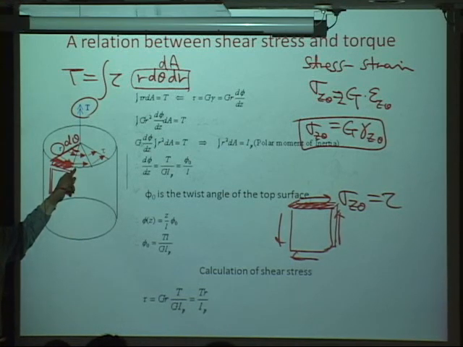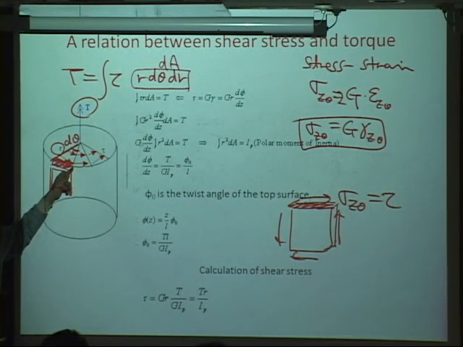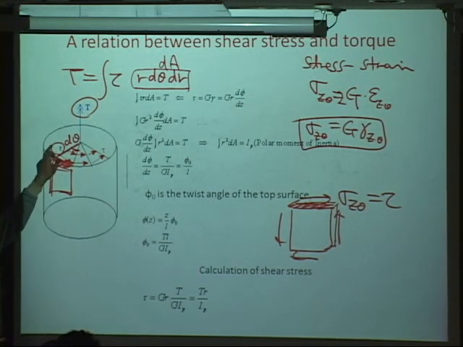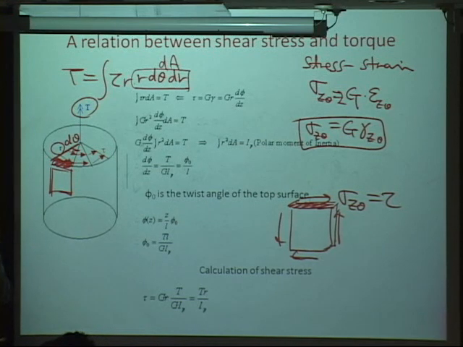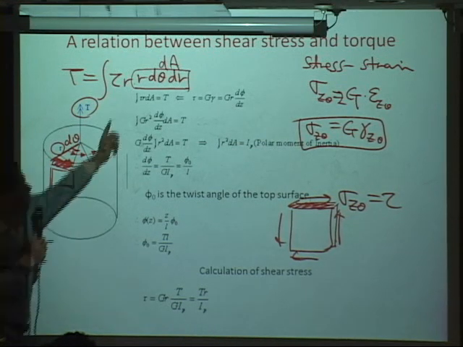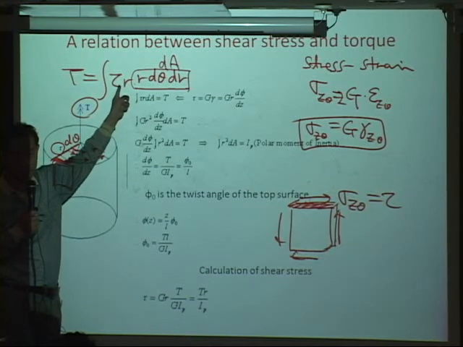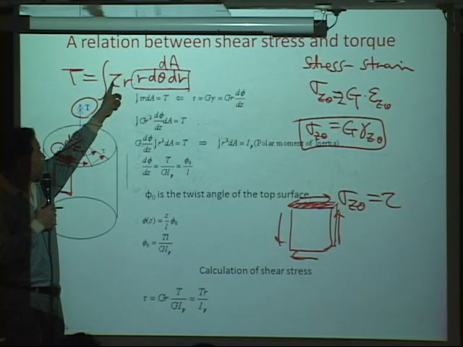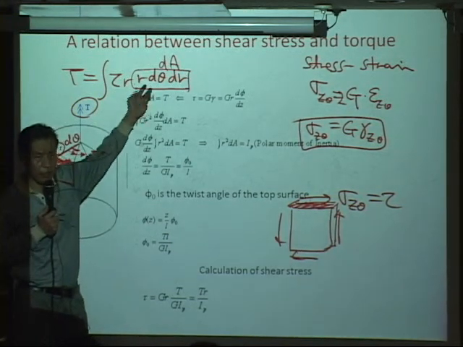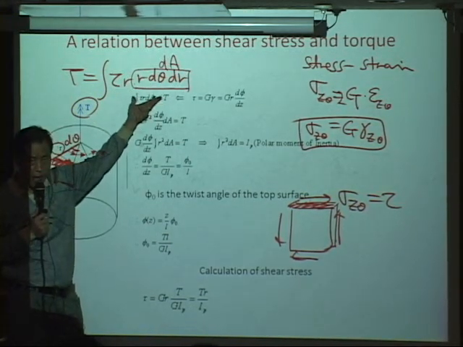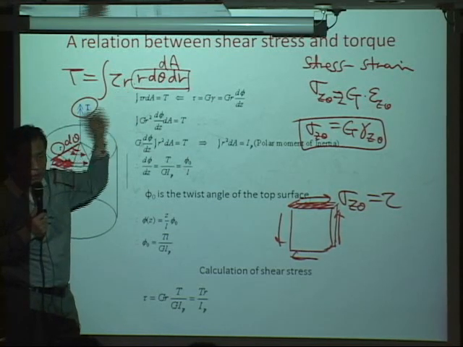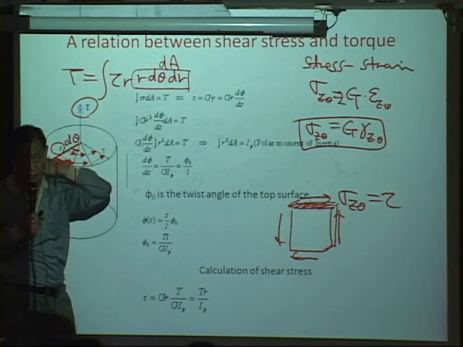And how do we calculate the torque? We have to multiply by R, right? We have to multiply another R. Tau times dA is the force, and we multiply R, giving us torque, right?